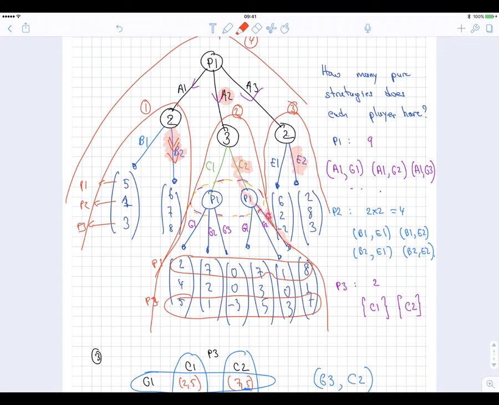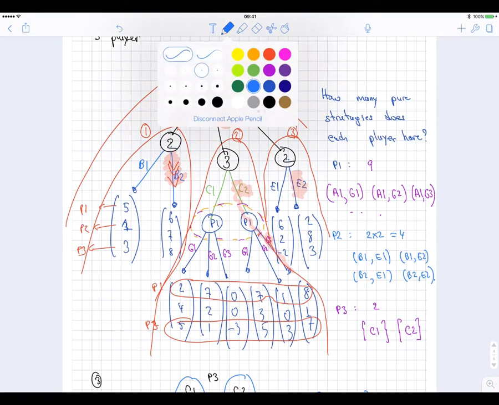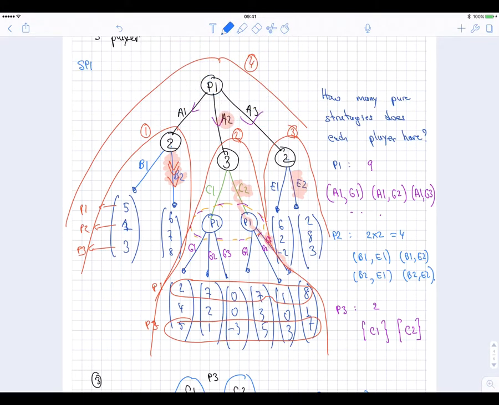Those highlightings are effectively the pure strategies of each player. So what's going to be the subgame perfect Nash equilibria? Subgame perfect Nash equilibria will be a profile of strategies, so a pure strategy for each player. So it will be A2. Then for player 2 it will be B2, E2.